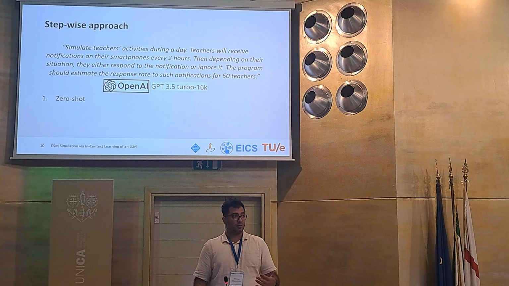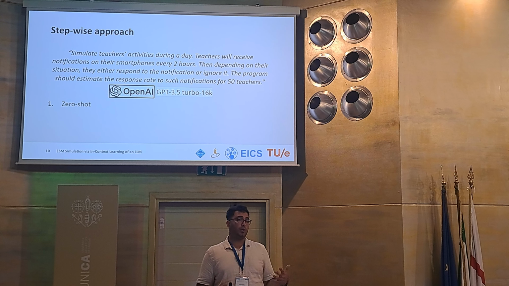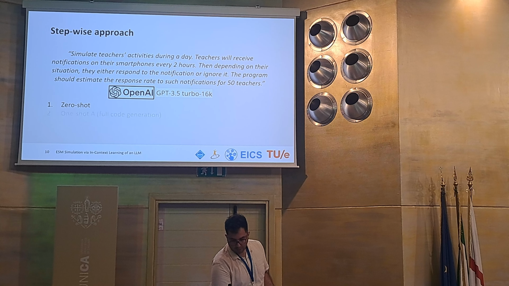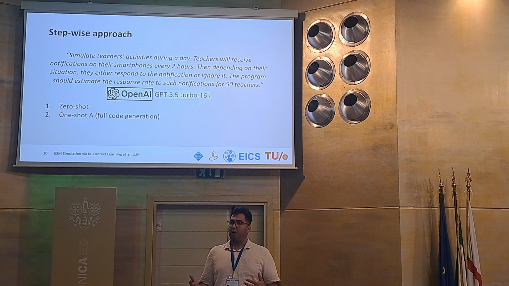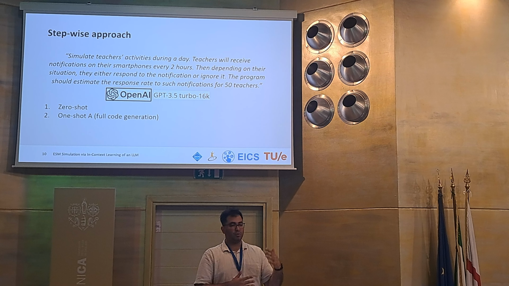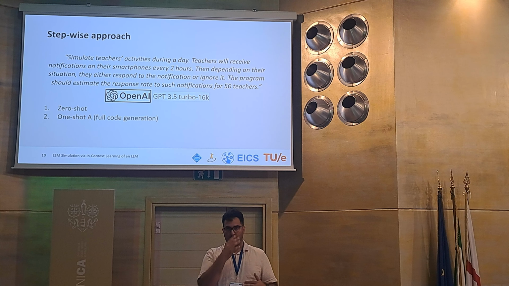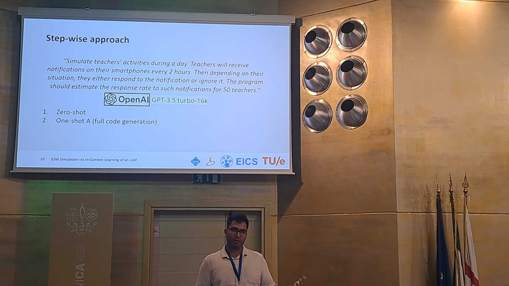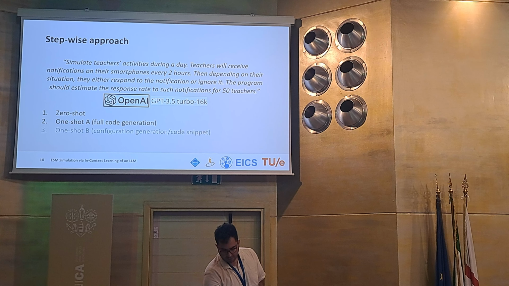We took a stepwise approach, and first we started with zero-shot prompting, meaning that no examples were provided to the model. Then we did a one-shot prompt, and we asked the program to generate a full simulation code, and we gave a full simulation code as an example from the repository of other simulations that we handcrafted before.